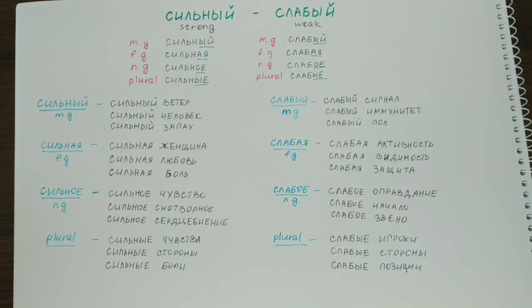I highly encourage you to compose some phrases like that yourself, using other nouns that can be described as either strong, сильный, or weak, слабый. And that will help you with memorizing these two adjectives.